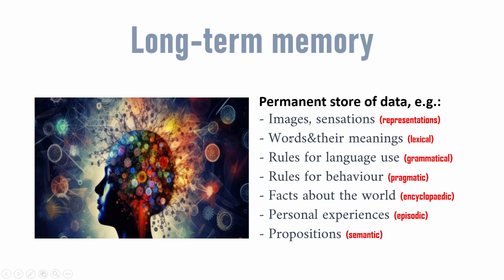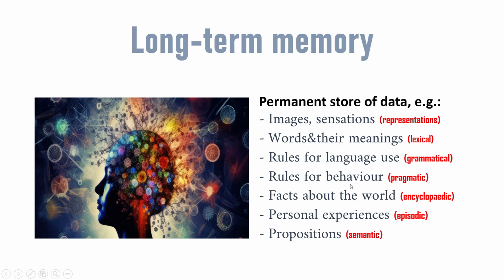Then you have words and their meanings in your long-term memory. So this is the lexical component and semantic. Rules for language use. This is grammatical, which includes phonological, morphological, and syntactic, and to an extent discursive.